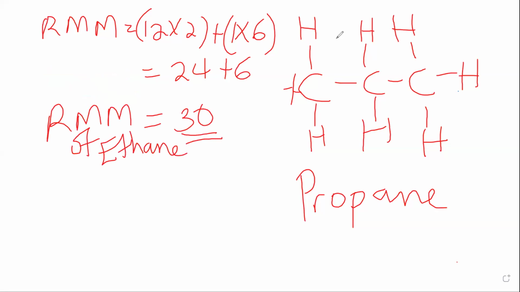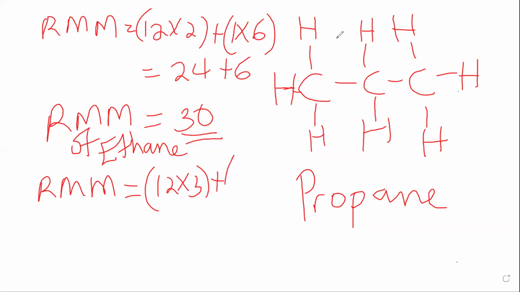And then when we go to propane, we know that propane has 3 carbons. So that means RMM is going to be 12 times 3 plus 1 times the number of hydrogen atoms. We have 1, 2, 3, 4, 5, 6, 7, 8. So we have 8 of them.